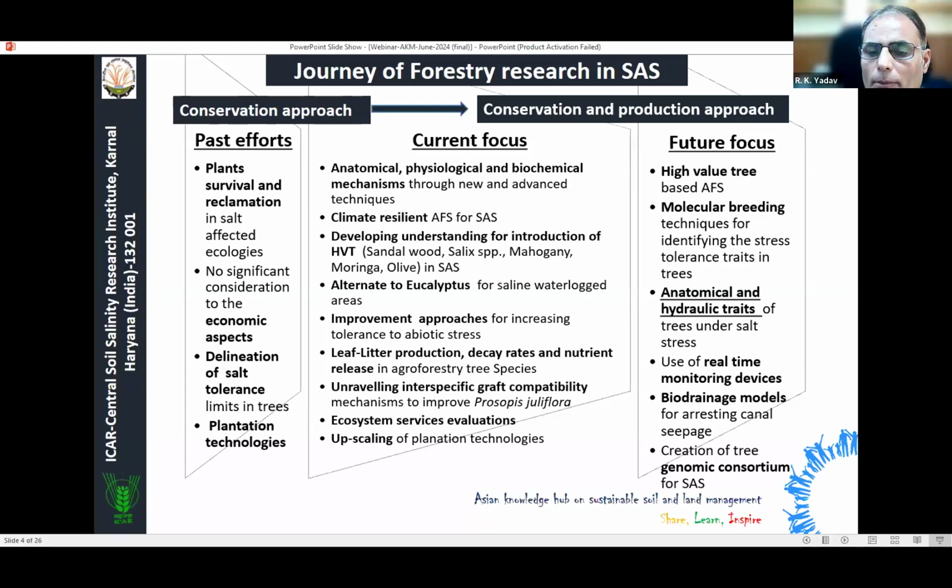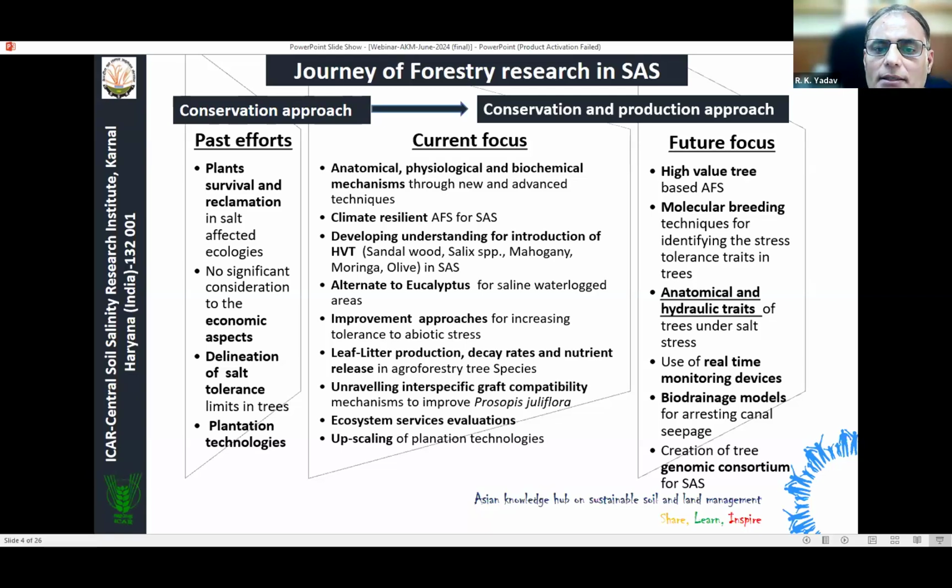And we have also worked with the anatomical and hydraulic traits of the trees under stress. And we will incorporate some use of real-time monitoring devices to understand the different mechanisms that are happening in the plants when it goes for the abiotic stress.